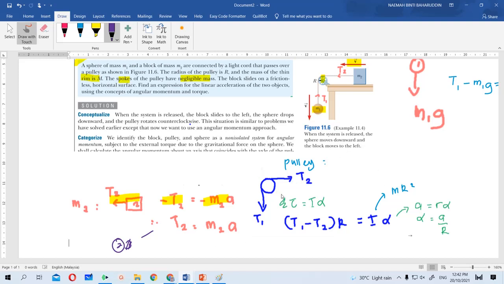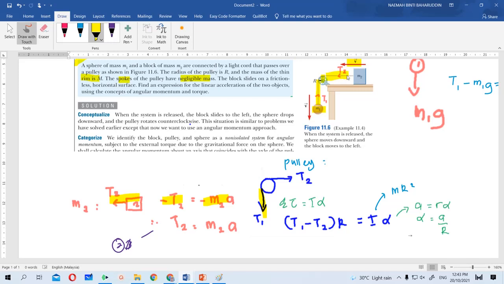Now our third expression comes from the pulley. Observe carefully that the directions of the individual tensions are reversed, in opposite direction. Why? Because it is the same string. So it experiences T1, however T1 on the pulley must be away from the pulley.